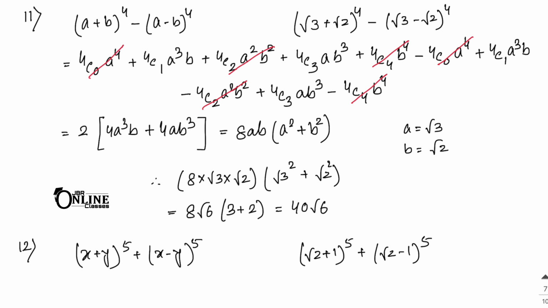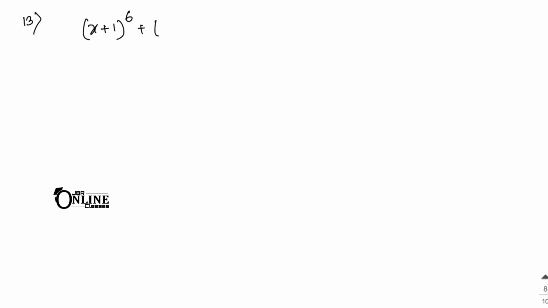So next move on to sum number 13. In sum number 13 you have here (x plus 1) whole to the power 6 then (x minus 1) whole to the power 6 and then evaluate (root 2 plus 1) to the power 6 and (root 2 minus 1) to the power 6. That means again a similar kind of problem.